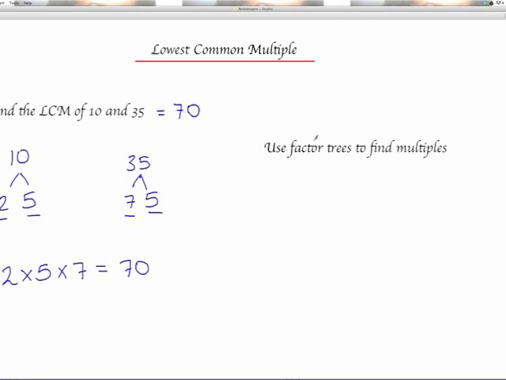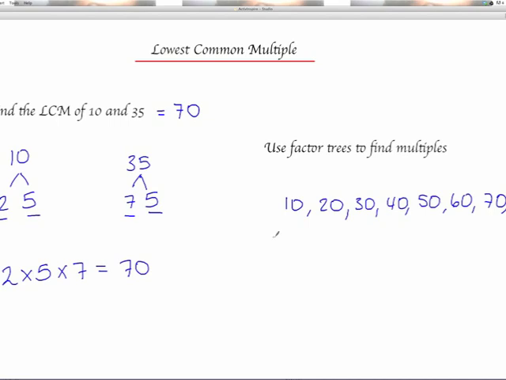This method is useful when we have big numbers because sometimes the lowest common multiple can be quite large and we don't want to be listing loads of numbers. If I was to list these, I know that I've got 10, 20, 30, 40, 50, 60, 70, and I'll just go to 80.